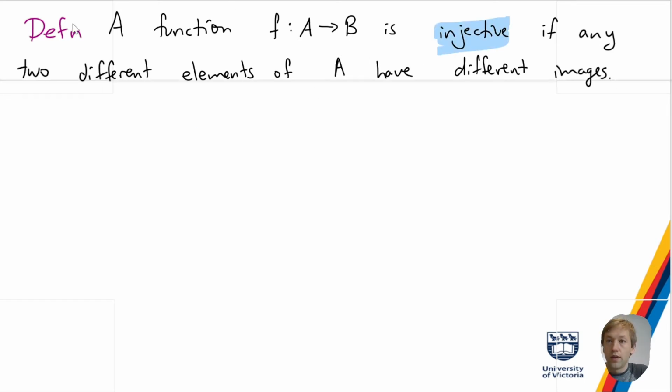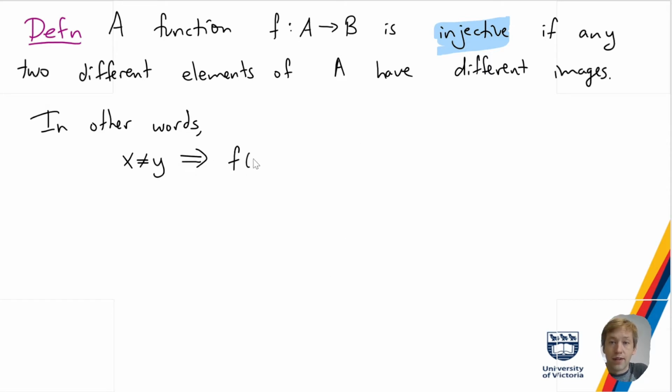In other words, a function is injective if whenever x is not equal to y, that logically implies that f of x is not equal to f of y. This is of course for x and y in A.